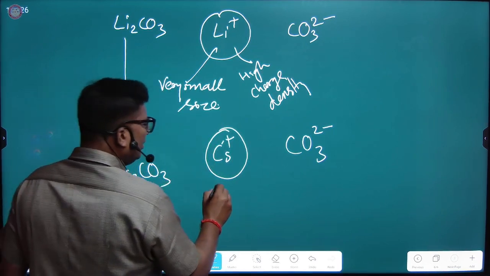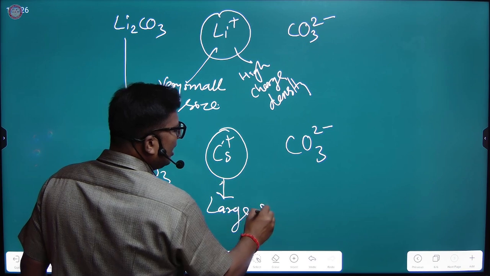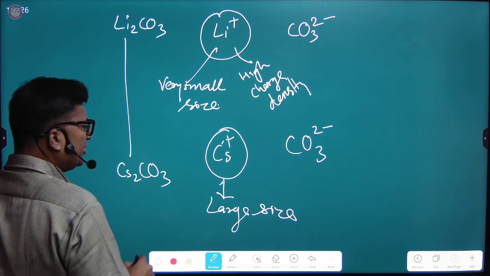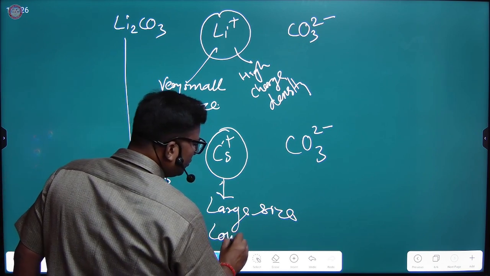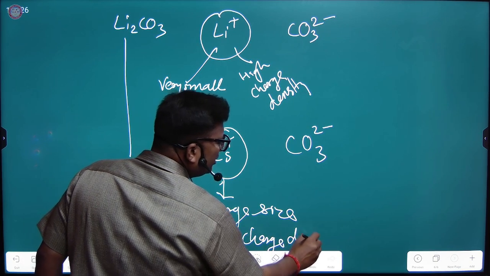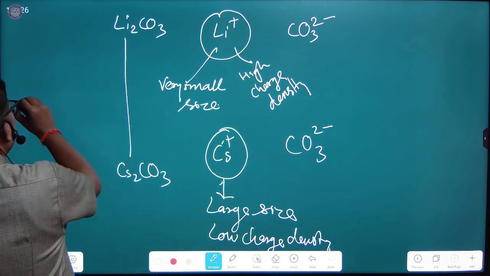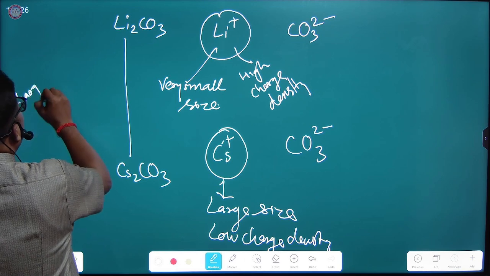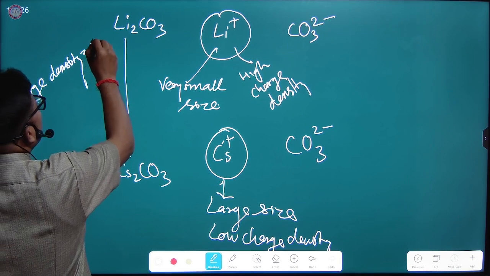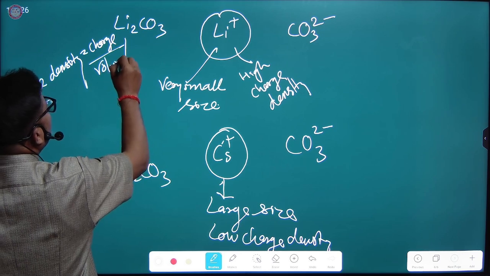And cesium plus has large size in the respective group and low charge density. Charge density means charge per unit volume, charge upon volume, right?